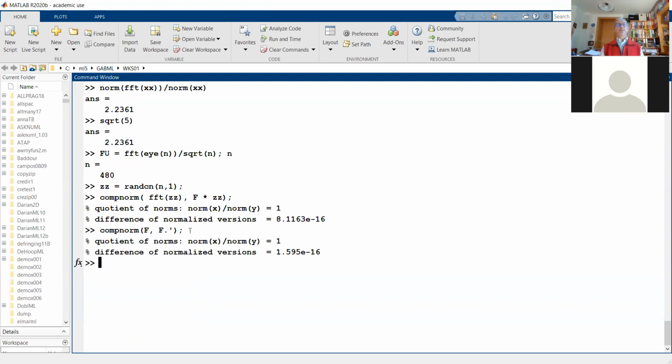And the answer is yes, the matrix has the same size and indistinguishable numbers. For n equals 480, the difference is noticeable, but remember, it's the numerical precision of MATLAB that pops up here.